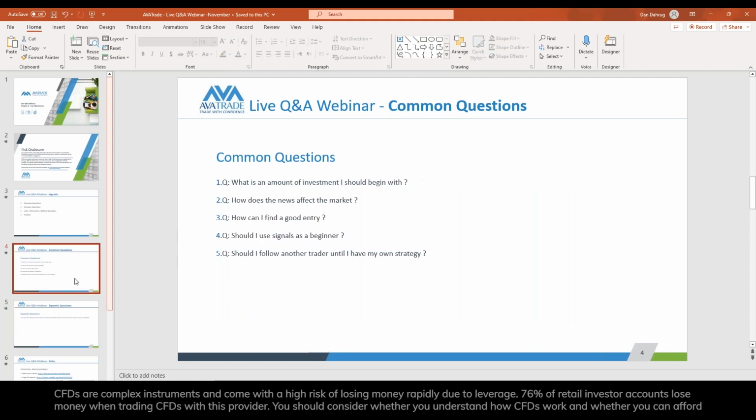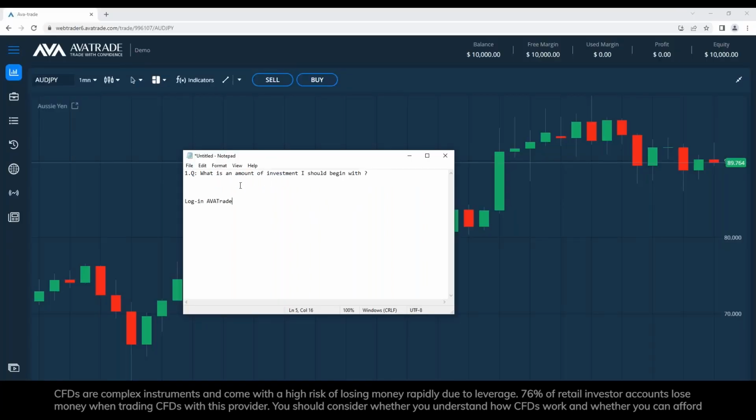It's a lovely one. Okay, so what amount of investment should I begin with? So guys, before I explain the question, just a few moments to understand how I even got here. This interface is called a web trader. To get to it, all I have to do is log in to avatrade.com.